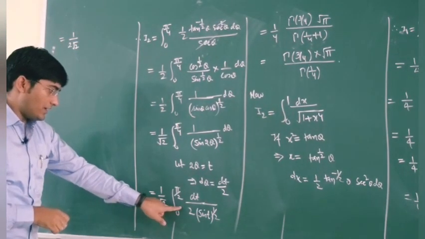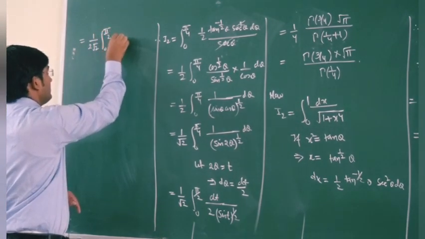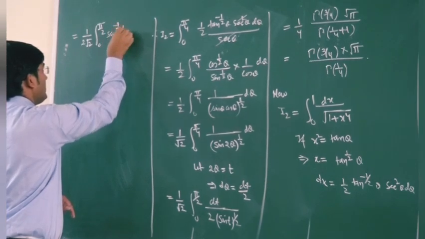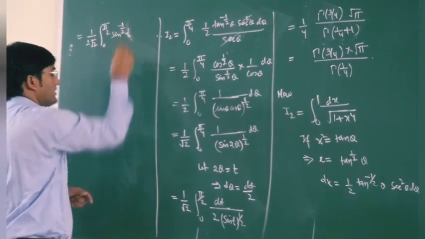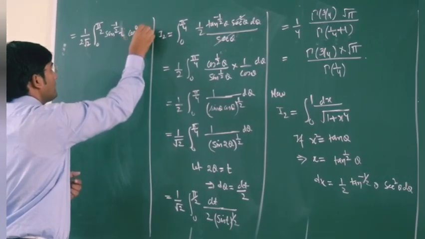Now in the bracket we will have integral 0 to pi by 2 sine power minus half t, and as there is no term of cos, we can write it as cos power 0 t dt.